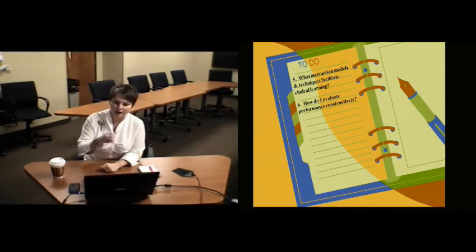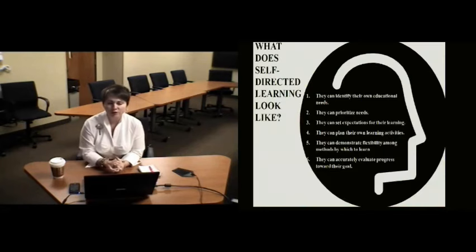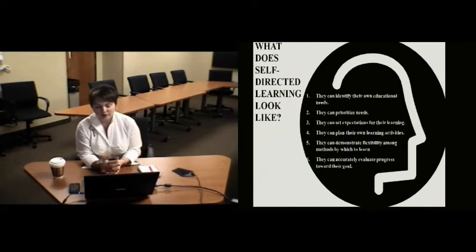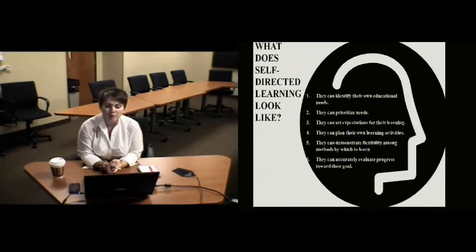But before we do that, I promised I would improve that slide on the previous segment, and here it is, in terms of how you know you're dealing with a self-directed learner, or how you know if you yourself are a self-directed learner. We are able to identify our own educational needs, and we're able to do that with a great deal of honesty.